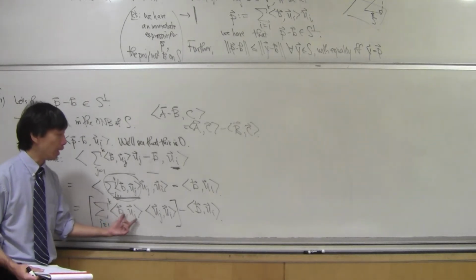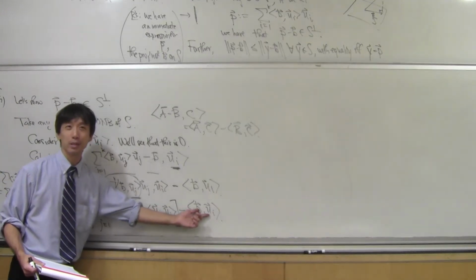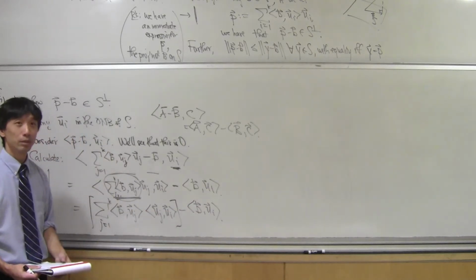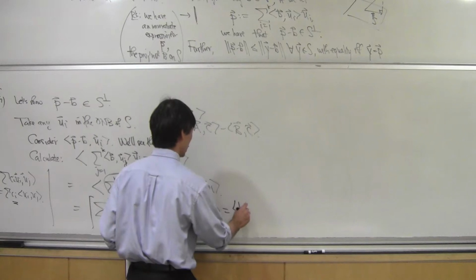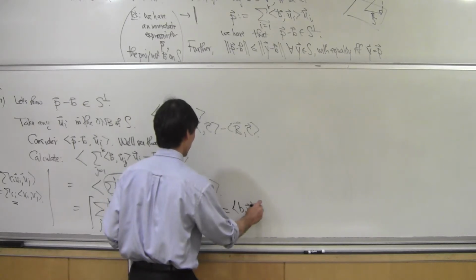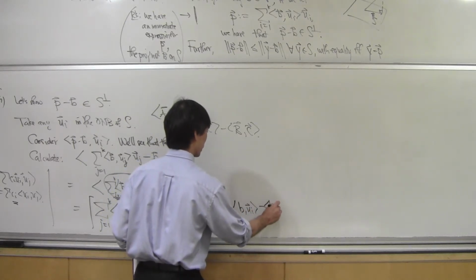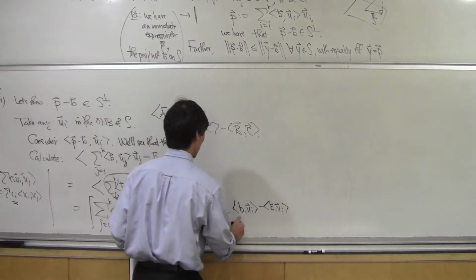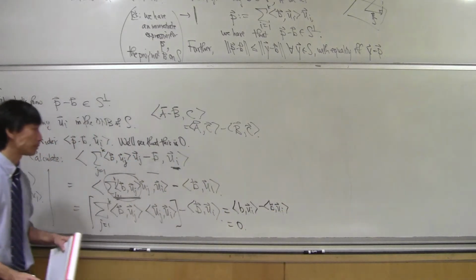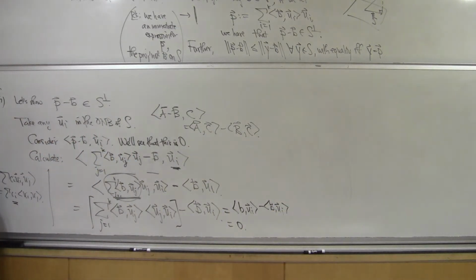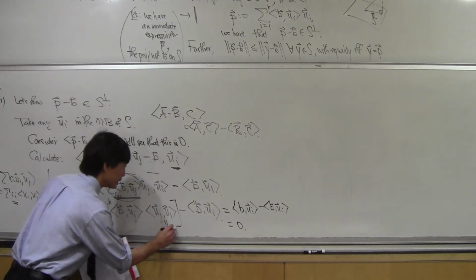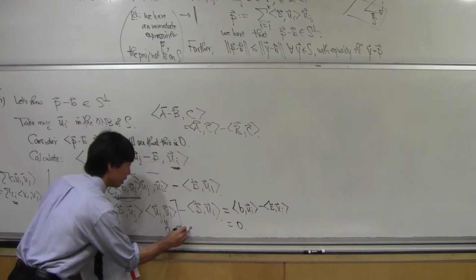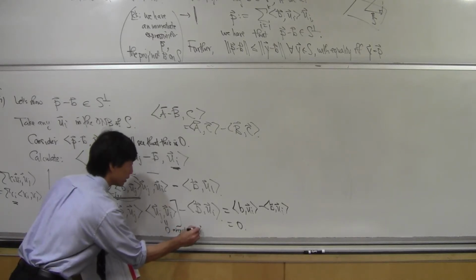Everything else is 0. So this term on the left just becomes B against Ui because everything else vanishes. This is 0 except if J equals I.